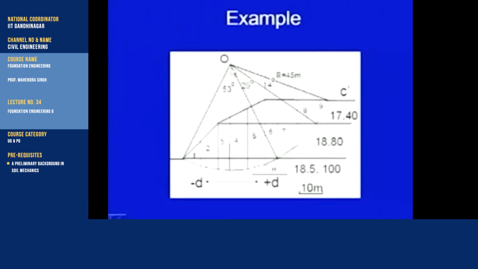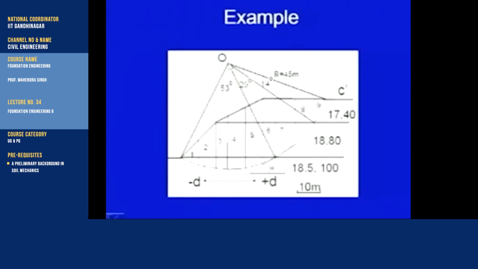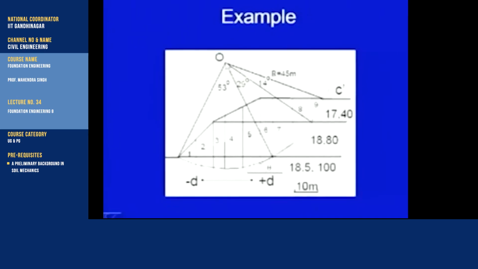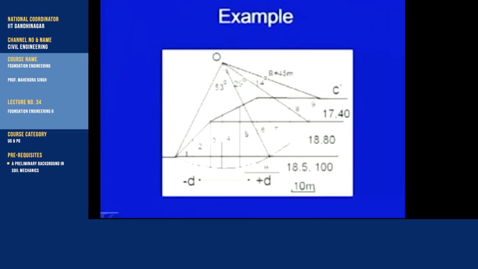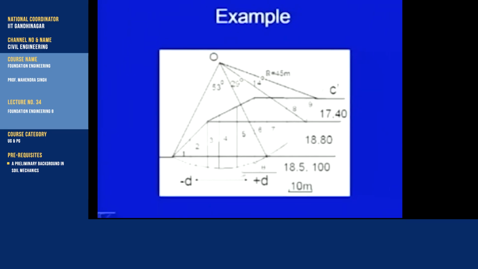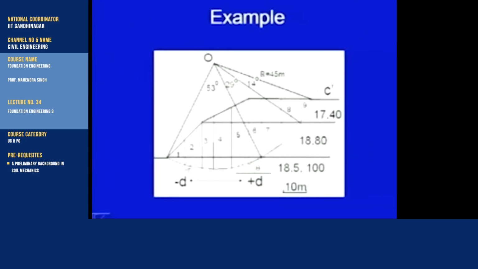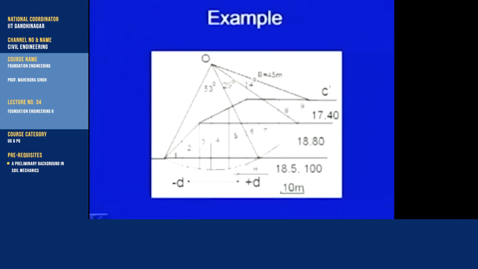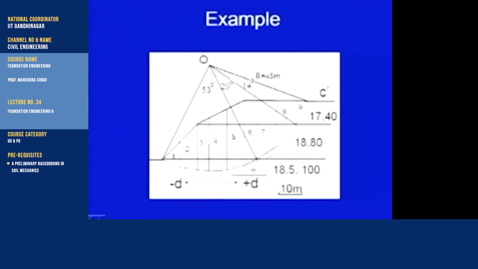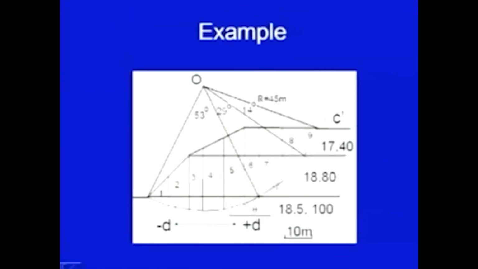So, we have taken first trial circle. I will be showing only for the first trial circle, and then we draw a circle, and then we have joined these points by straight lines also, so that it is not going to matter much whether we take the circular surface or the straight line here.